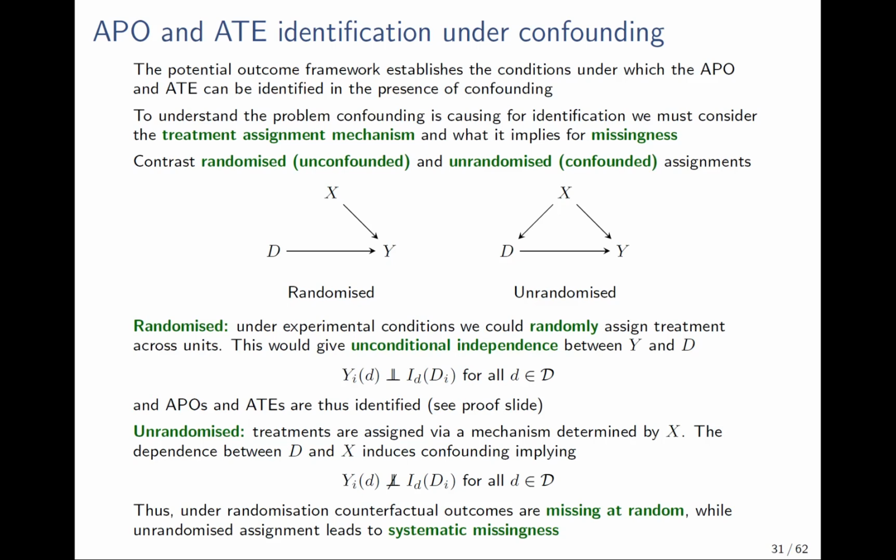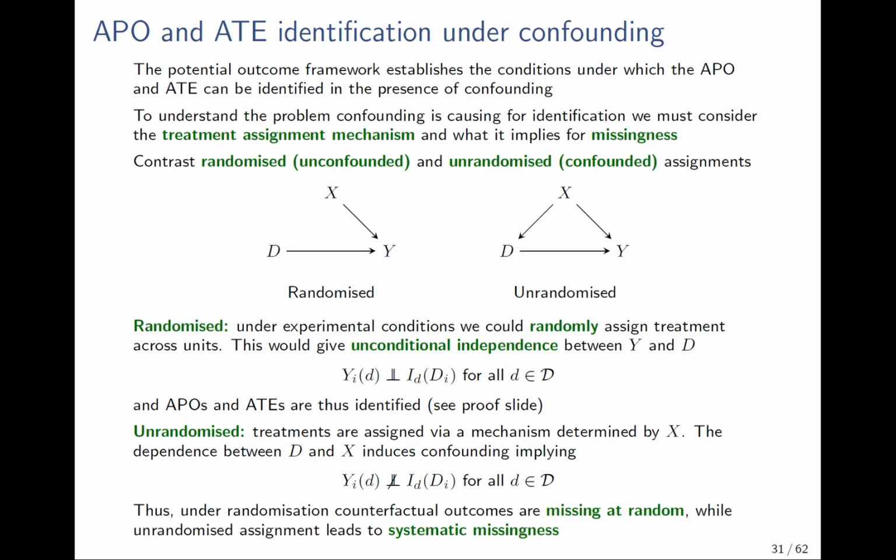The confounding immediately implies that this condition cannot hold, due to the fact that there's a backdoor path, which means the Y's are not independent of D simply by virtue of the fact that X, that common factor, ties them together. So X is relevant for the treatment levels received by each unit, and it's also relevant for the outcomes because it affects Y, and that's what causes confounding.